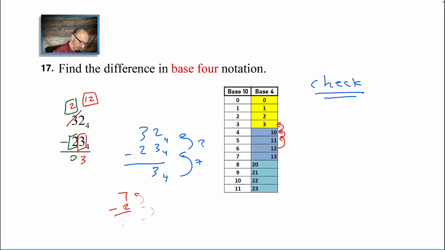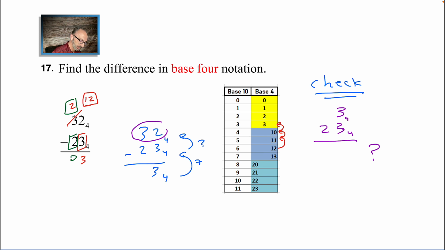That's what I'm trying to show you. So, by doing that, if I add 3 base 4 to 23, do I get this right here?